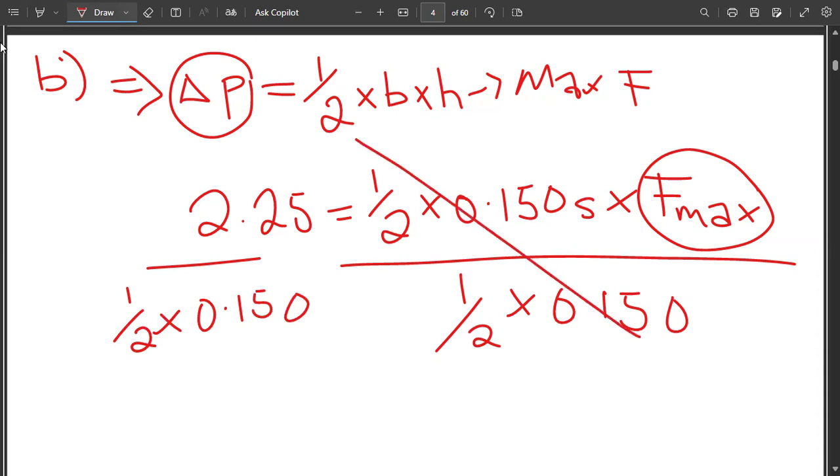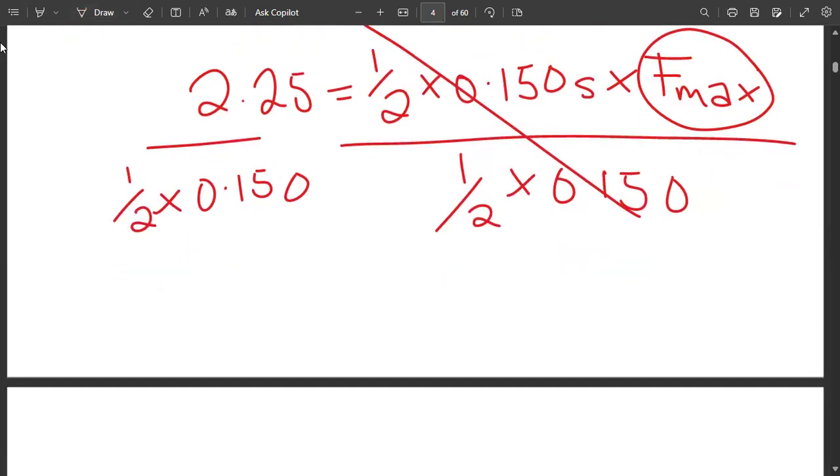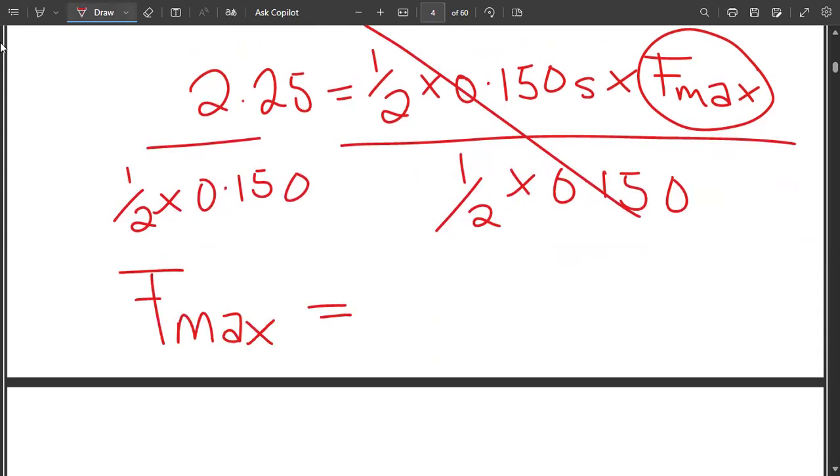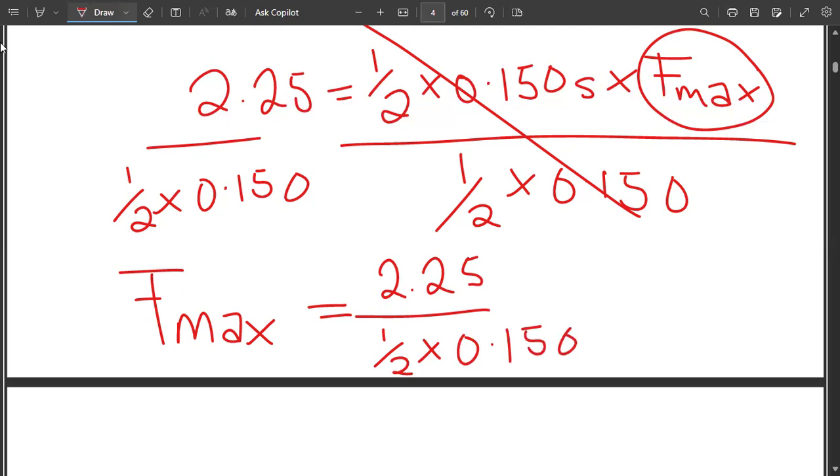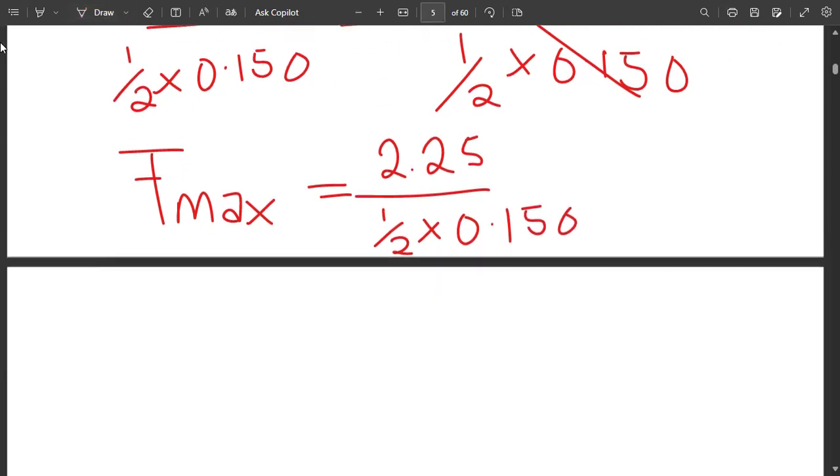So this part cancels out. What am I remaining with? I'm remaining with F max, the maximum force, being equal to 2.25 divided by half multiplied by 0.150.